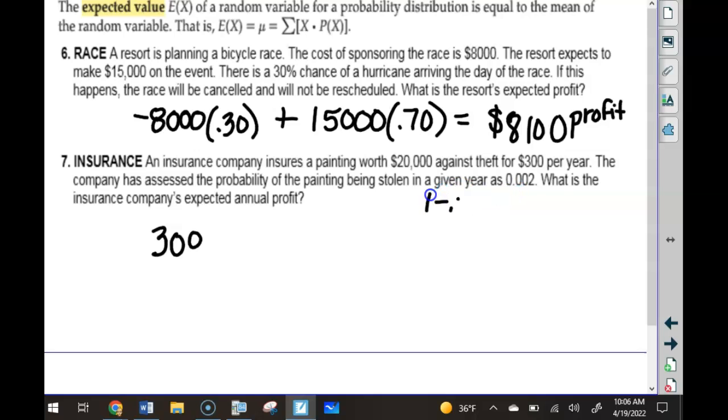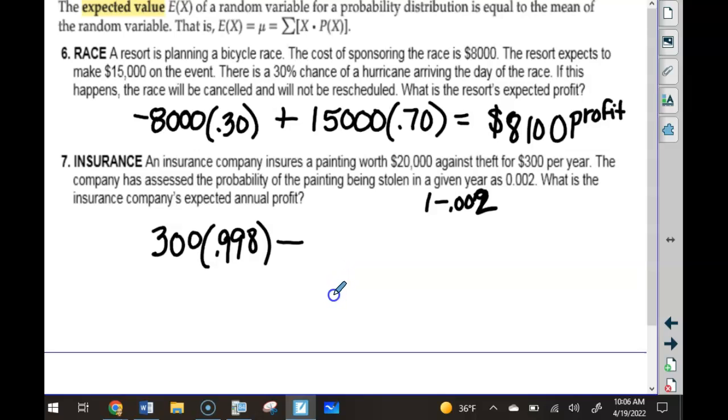So 1 minus 0.002, somebody check me, but is that 0.998? So there's a 99.8% chance that they get to pocket the $300 for the year. But there's also a chance that they lose some money.